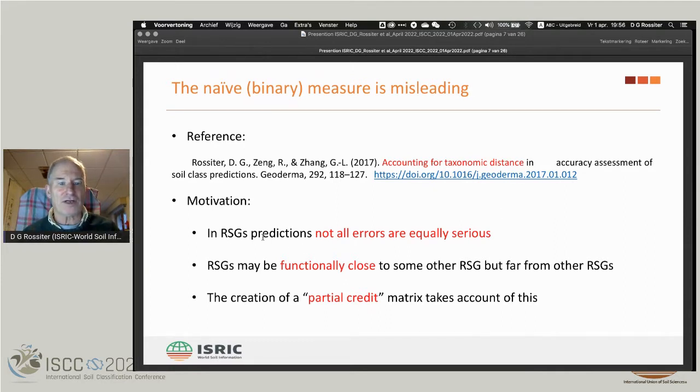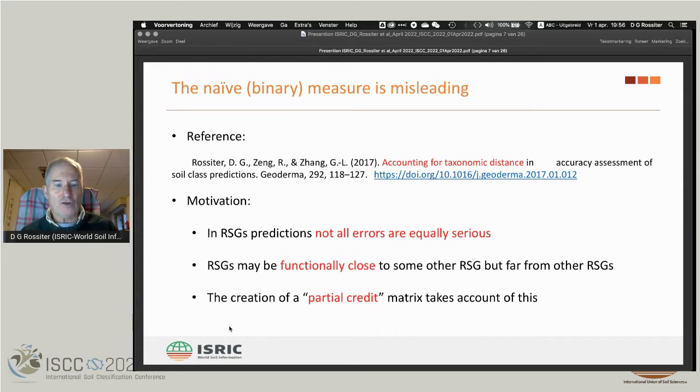The concept here is that not all errors are equally serious, and I'll show some examples in a minute. For example, the reference soil groups might in some cases be functionally close or somewhat close, and far from others, so that an error you make might not be as bad as it seems.